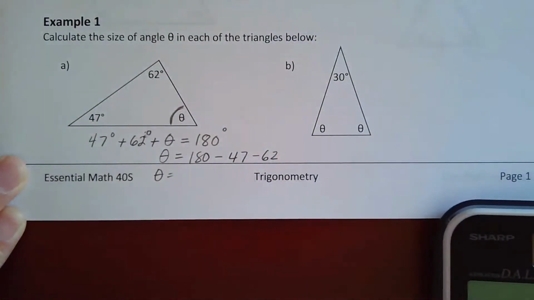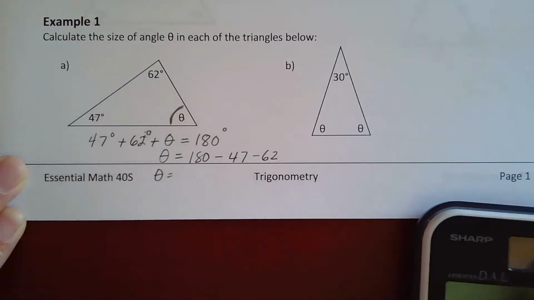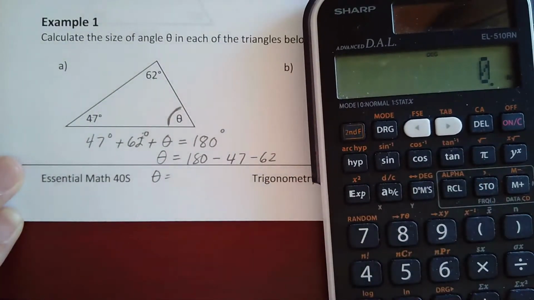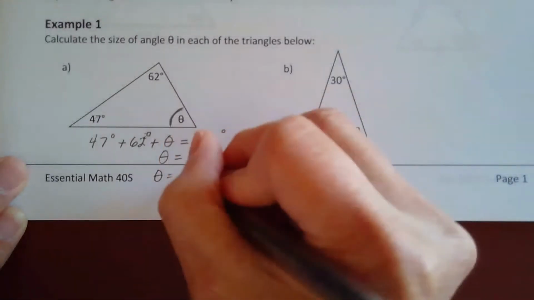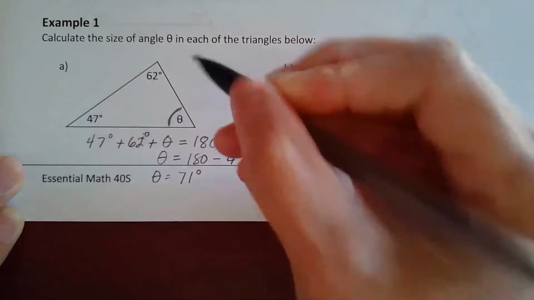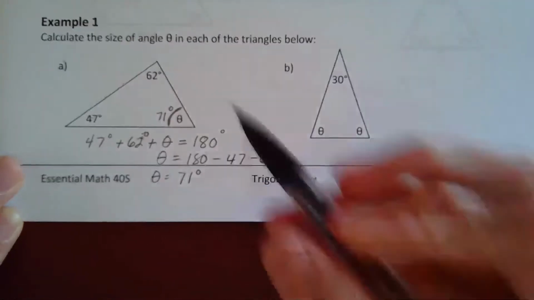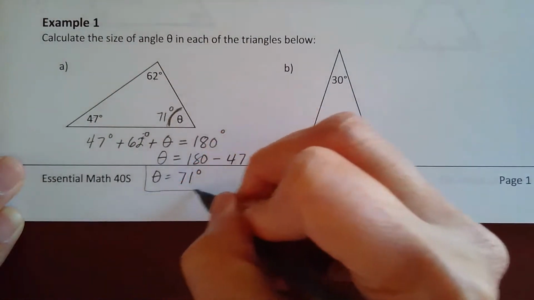If I know the two angles and I take them away, whatever remains will be our theta. So I'll do that right away. You can do it with me. Okay, and I get 71 degrees. So this one is 71 degrees right there. Good, that's not bad.